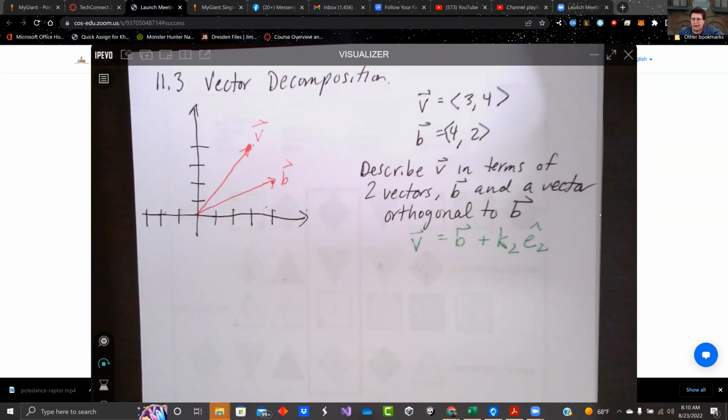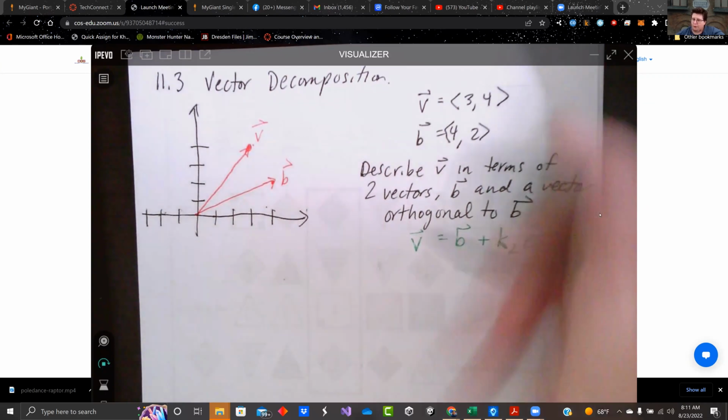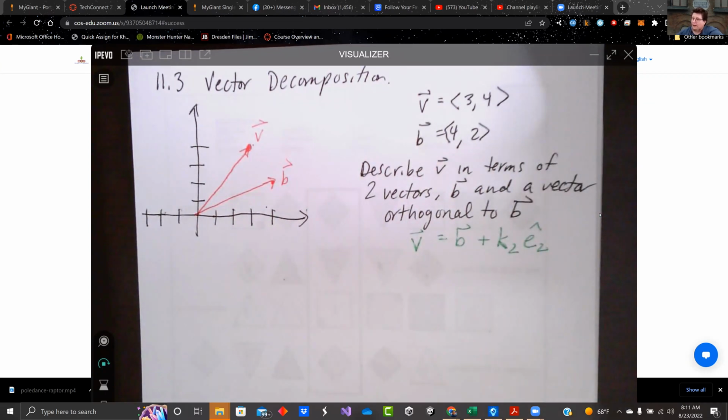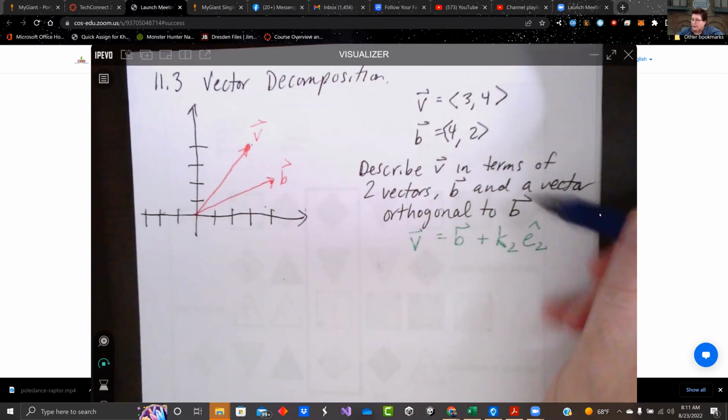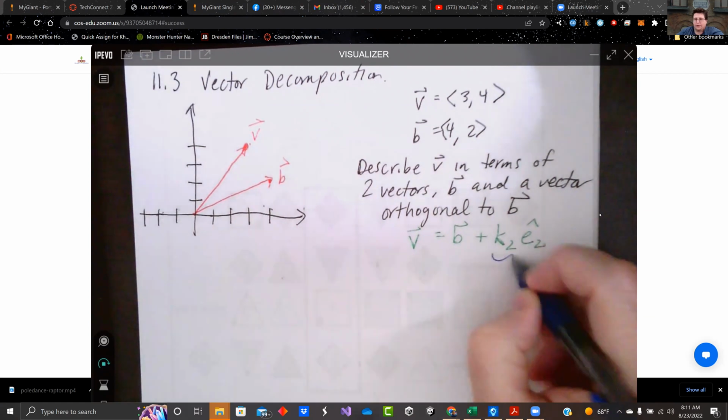So the very example I had in the video was we had vector B and we wanted to decompose V into two vectors, a vector B and a vector orthogonal to B. And we were given both vectors, V and B. We know that V equals B plus this orthogonal vector.